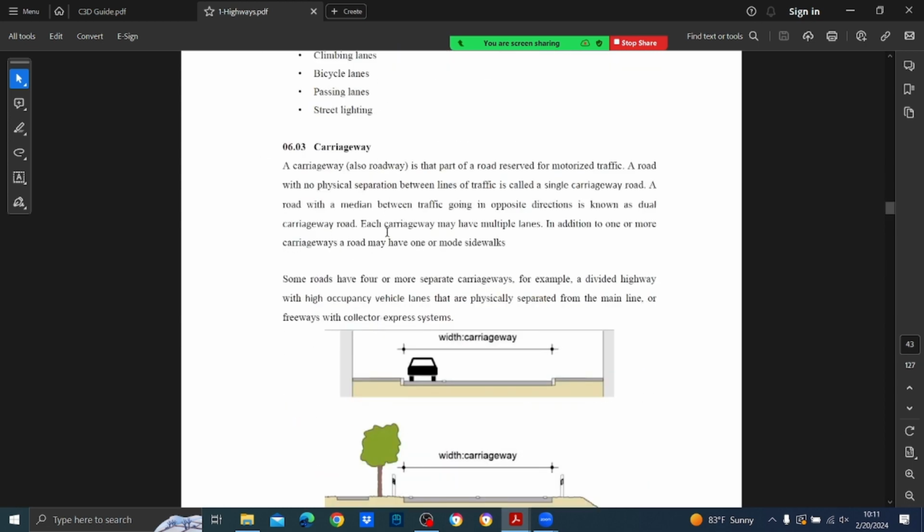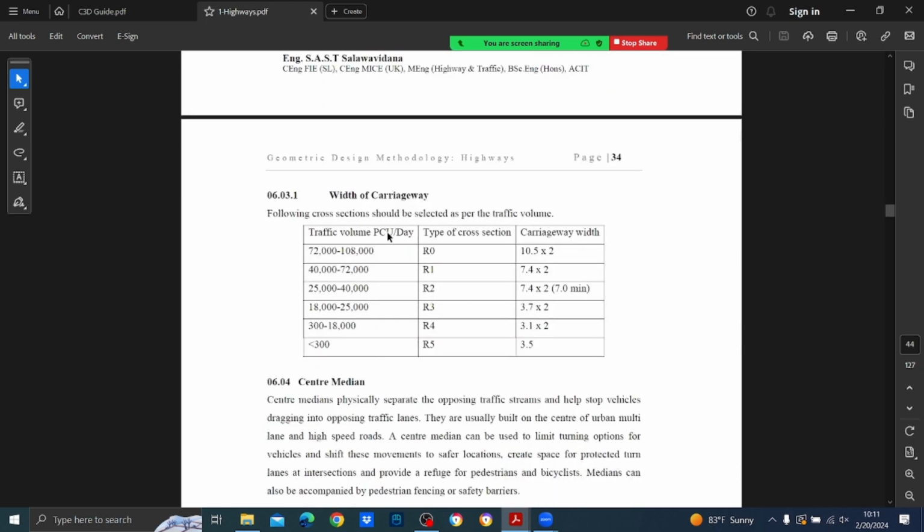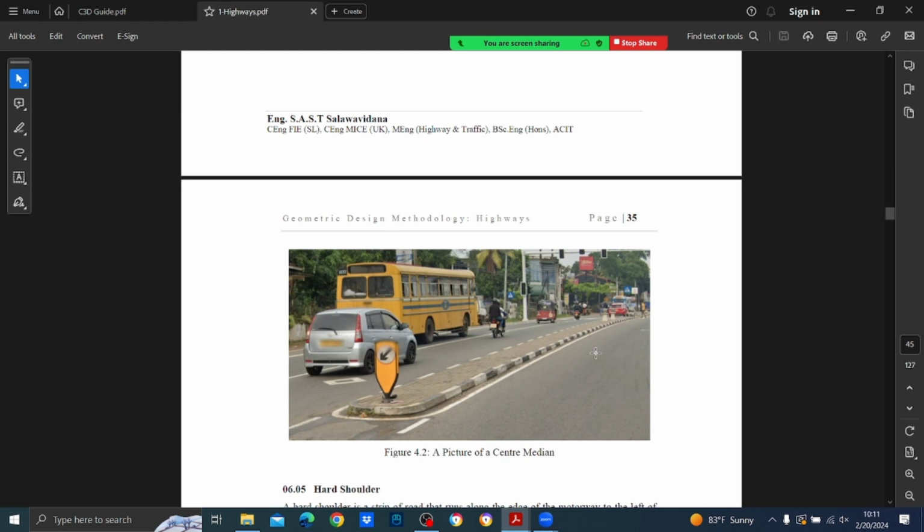And we'll quickly go through the components of a highway. There is something called the center median, that is in the center. Usually you have 1.2 meters width. And why should there be a center median? Because we want to separate the two flows of traffic in opposite directions.